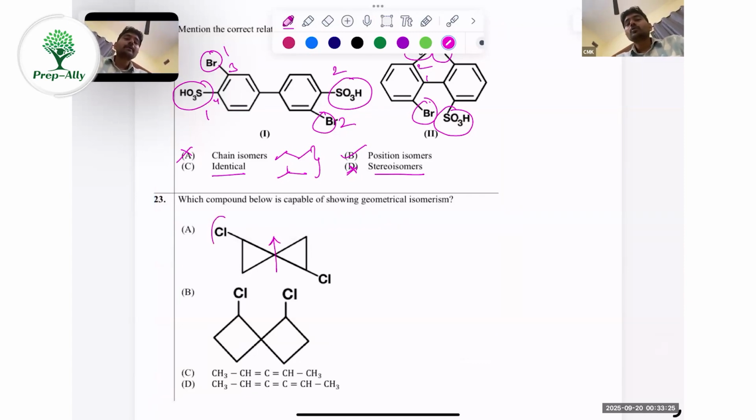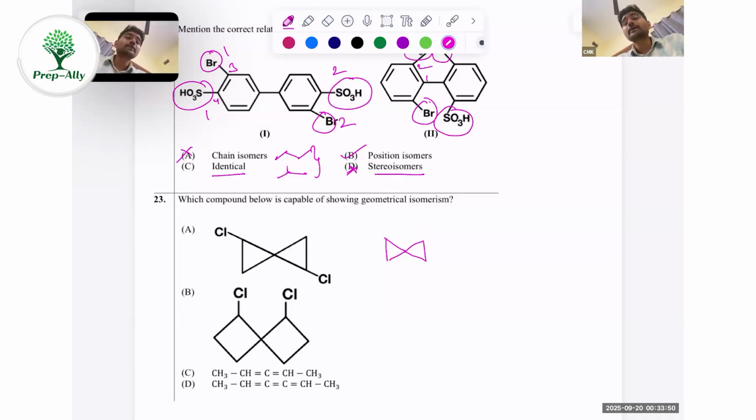So what is happening here? Two chlorine atoms are there. These two chlorine atoms are arranged on a spiro compound, like a spiral binding chain. They can be twisted like a chain, with rings in a chain, round.